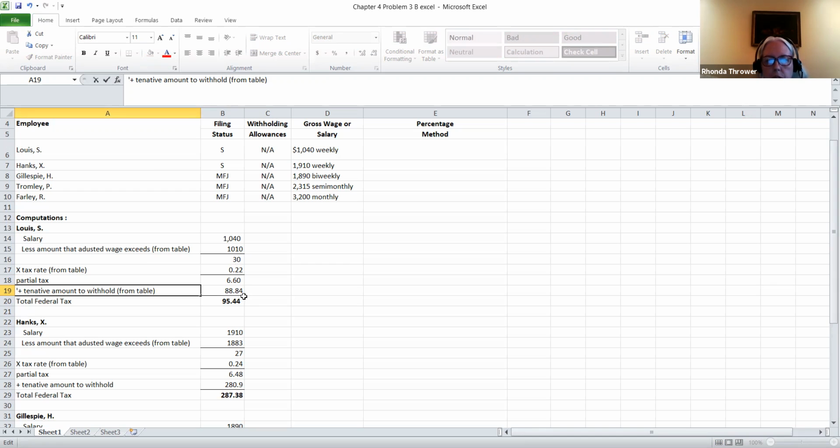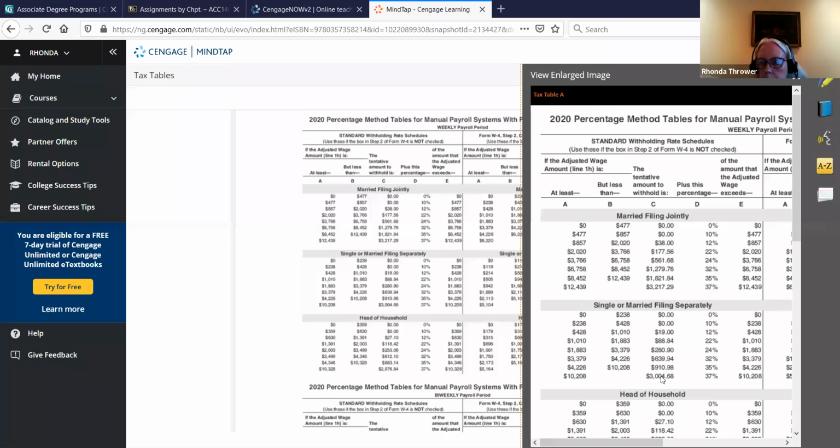Again, I'm going to go back to my tables and show you where this $88.84 comes from. And it's right here. That's where we get the amount.